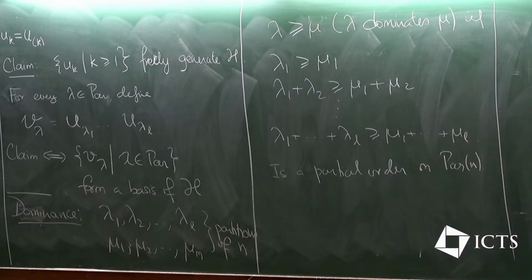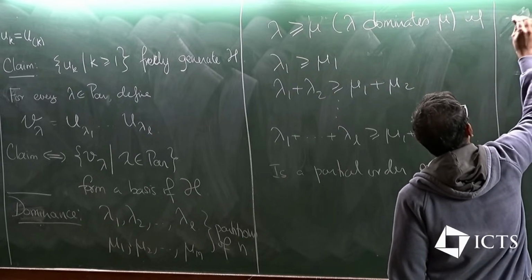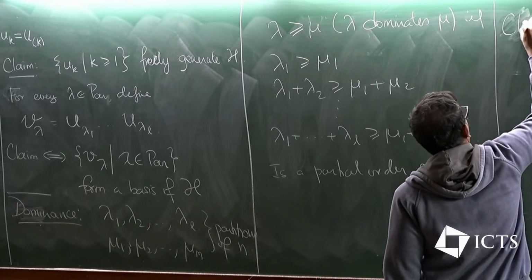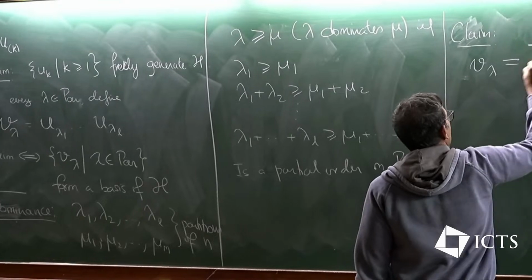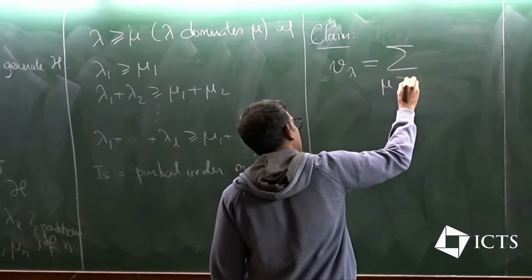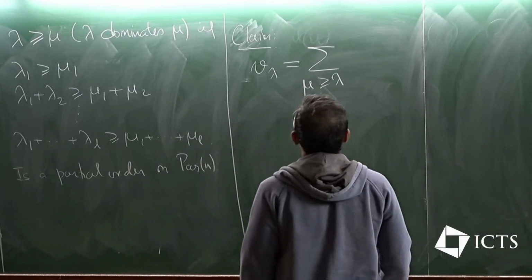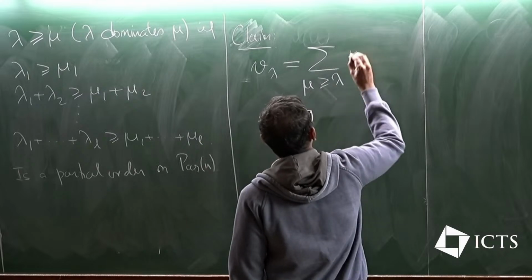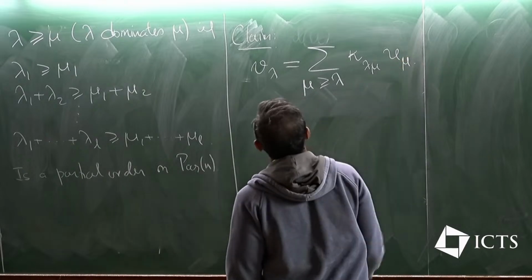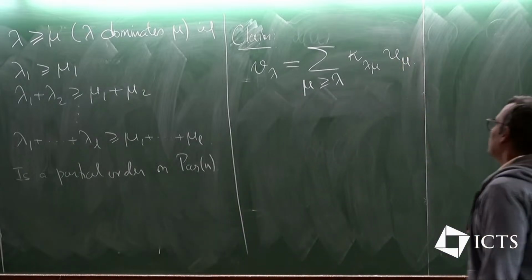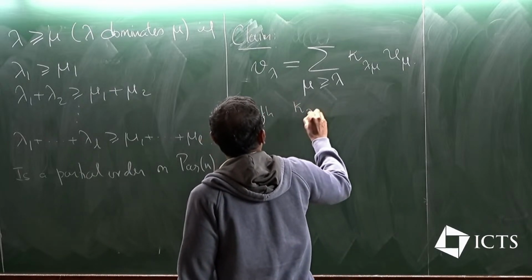And now what we have is that V lambda is a sum over mu greater than or equal to lambda, with some coefficients kappa lambda mu, with these diagonal entries kappa lambda lambda not equal to 0.